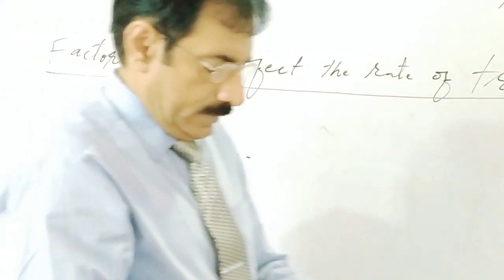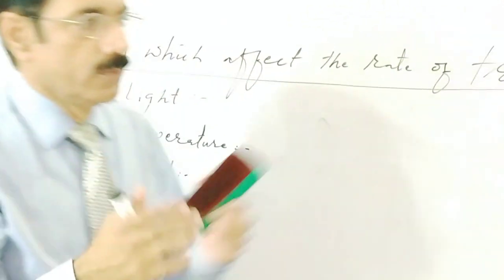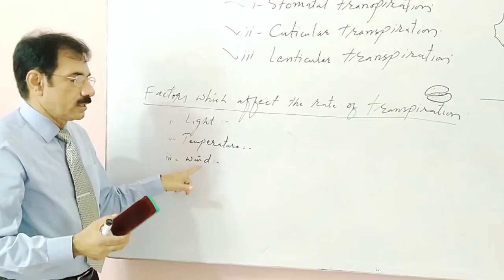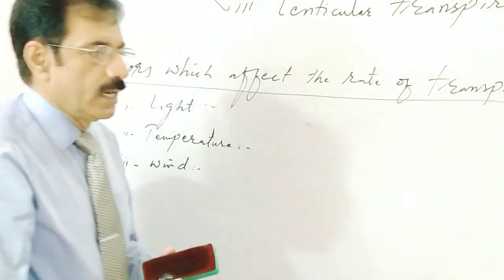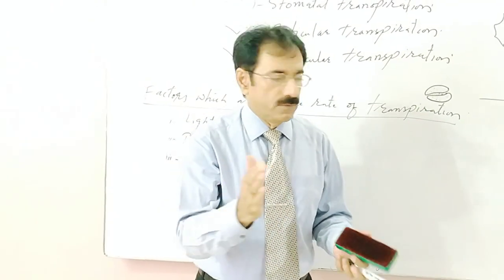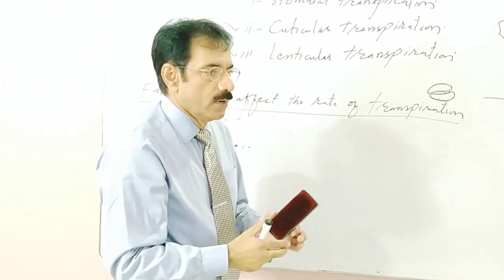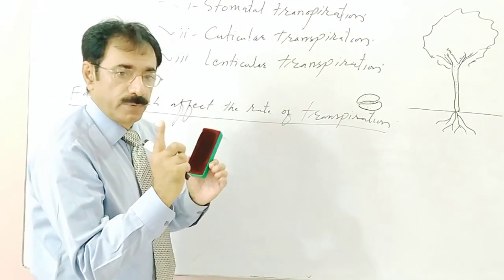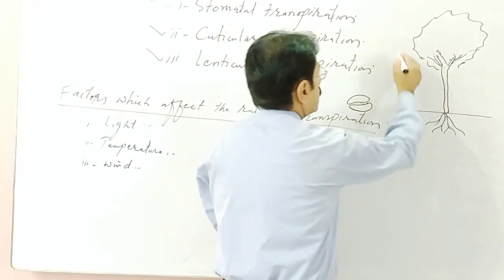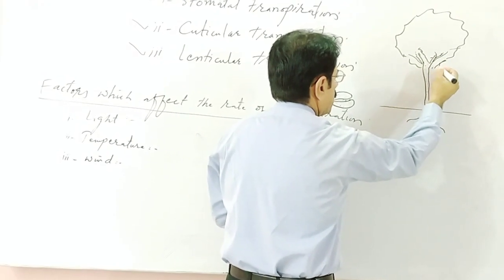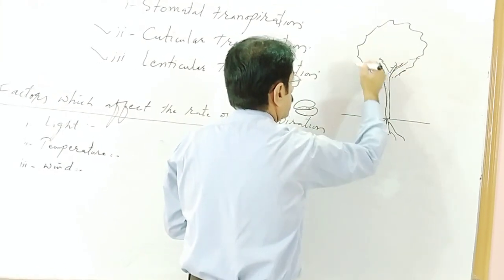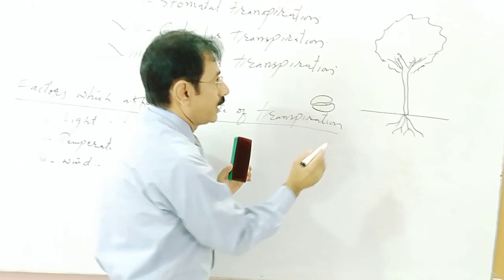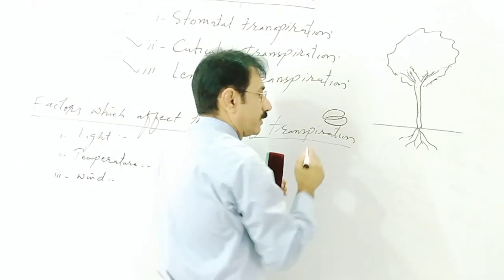Wind, when air moves, blows, this is called the wind. The wind increases the rate of transpiration, because when there is no wind around the plant body, the air becomes highly saturated with water vapors.